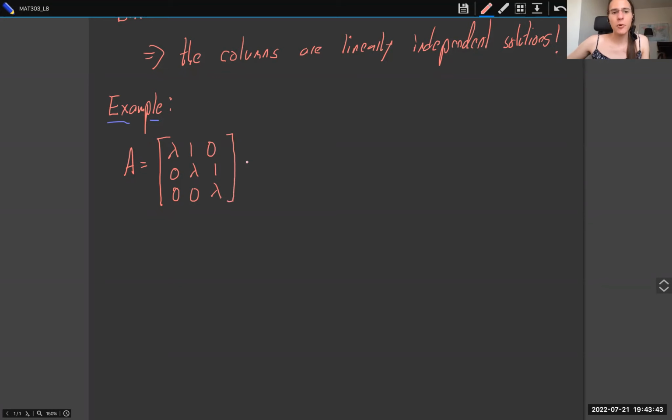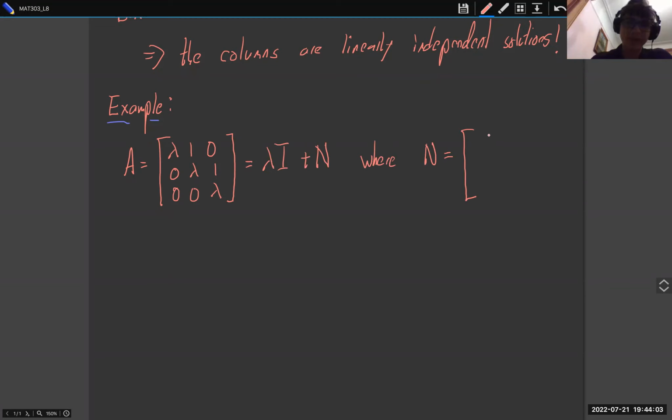And so I'm going to say that A is equal to lambda times the identity plus a matrix, which I'm going to call N. I'll explain why I call it N in a second. N is the matrix that looks like what? With ones on what's called the super diagonal.